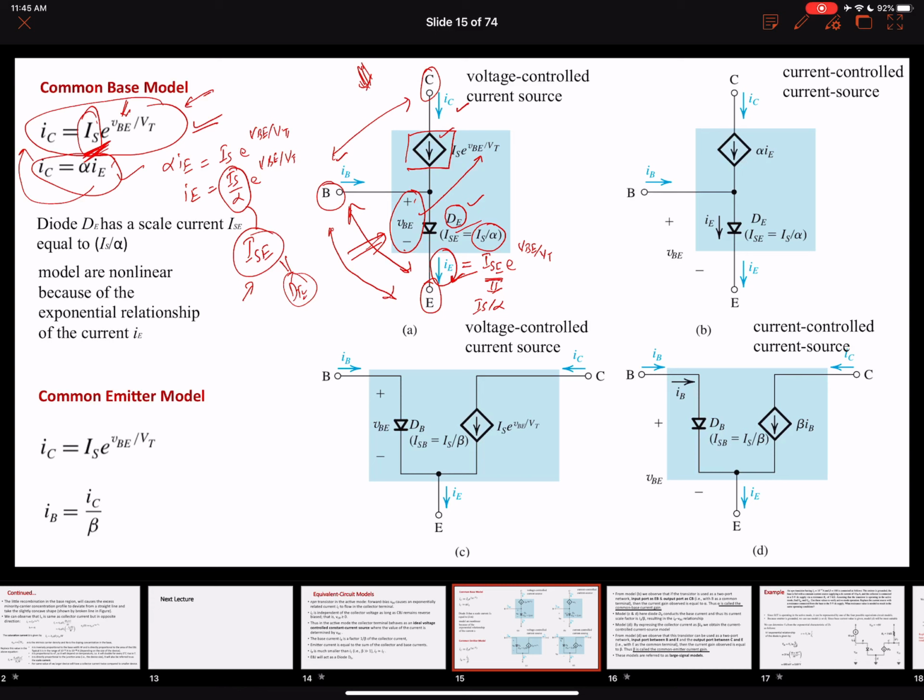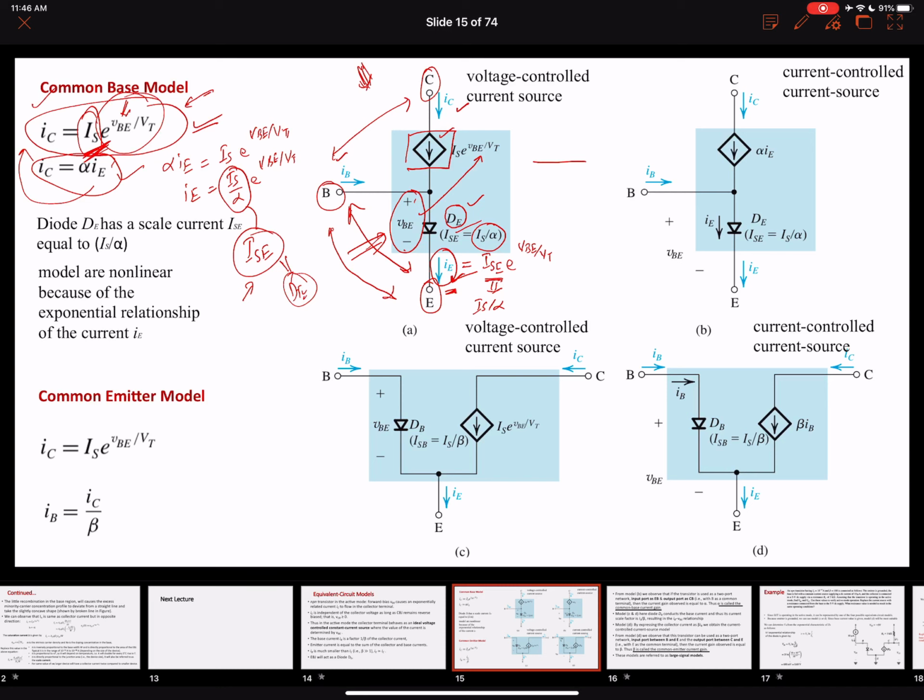Another important thing that you realize in any of these PN junctions is that there is always going to be a nonlinear exponential relationship between the voltage and the current, right? Whether you look at the emitter current equation or the collector current equation, they all follow this exponential relationship.